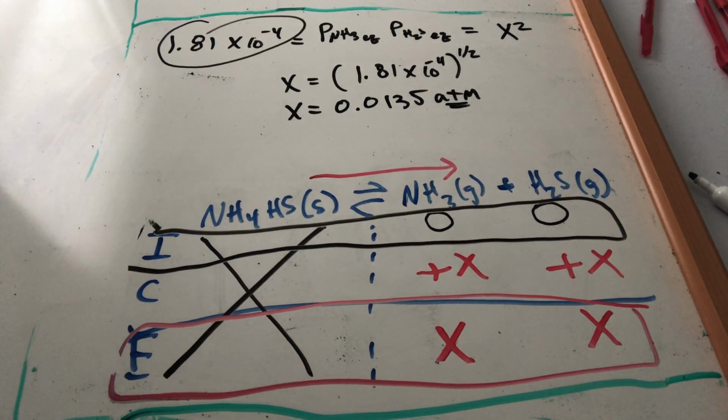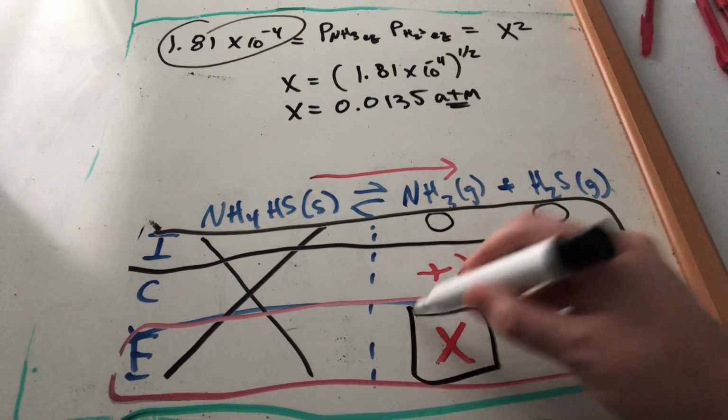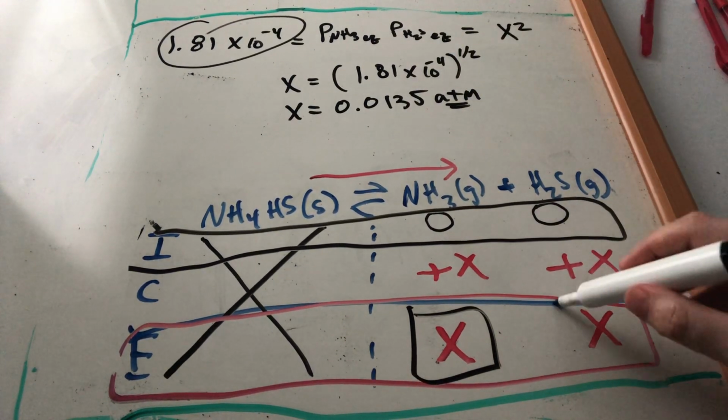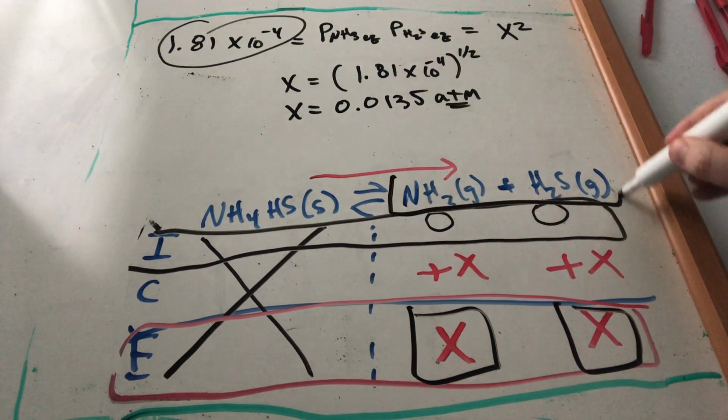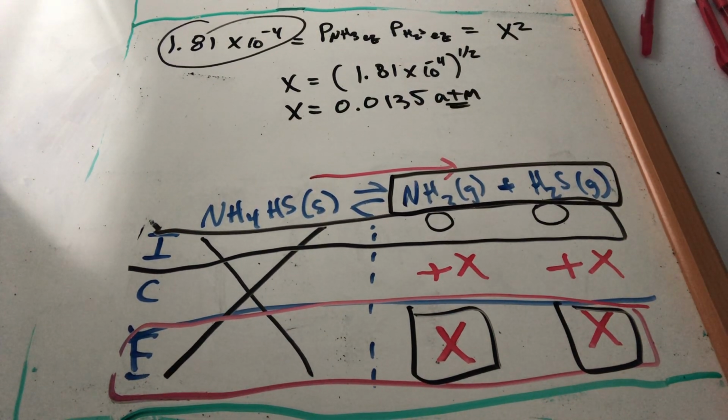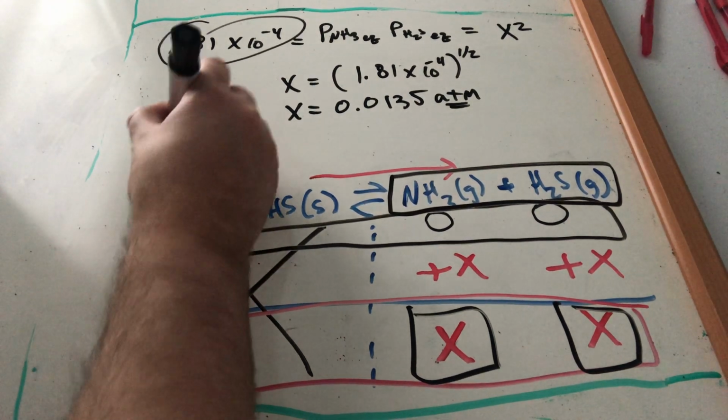And there will be instances like this where you have to remember some things from bonding. X is the pressure of NH3, and X is the pressure of H2S separately, right? These two gases are in a vessel with each other, okay? So that means that we know how to get a total pressure.